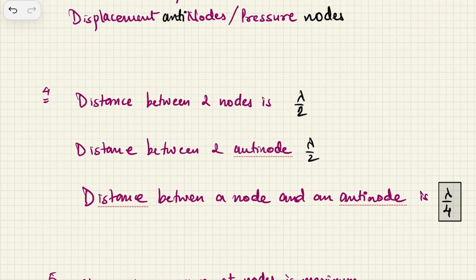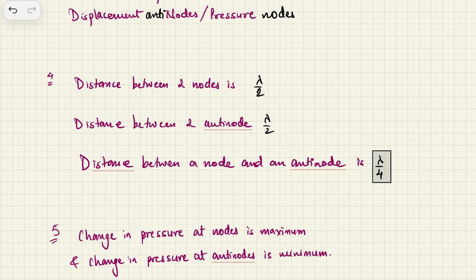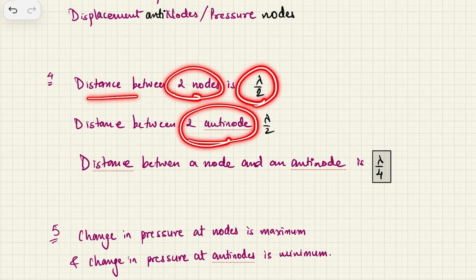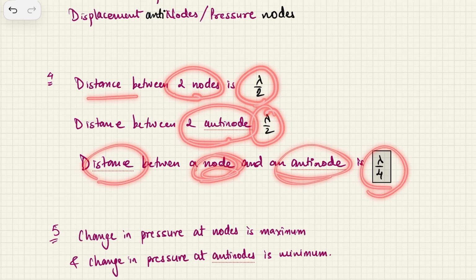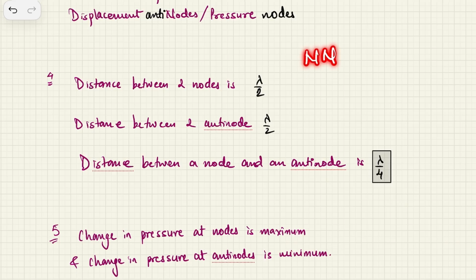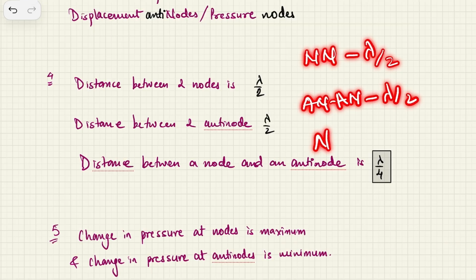And now the fourth point comes wherein you just have to mention the distance between two nodes is lambda by 2, the distance between two antinodes is lambda by 2, and the distance between a node and an antinode is lambda by 4. So node to node is lambda by 2, antinode to antinode is lambda by 2 again, and a node to an antinode is lambda by 4.